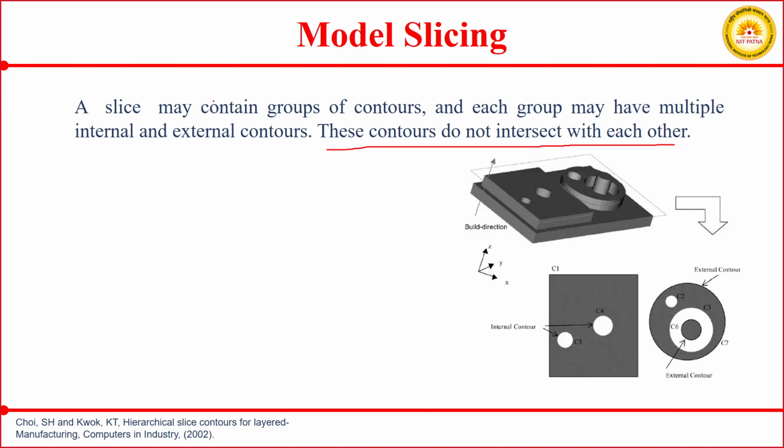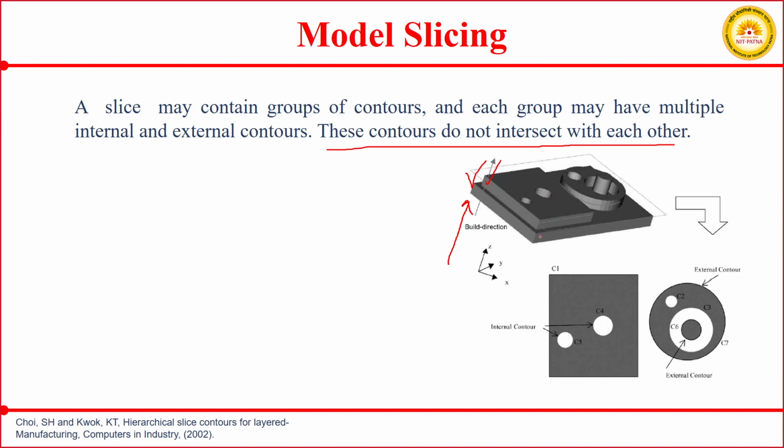I have taken one simple example. Let us see, we have a 3D CAD model something like this, and this is your build direction, or viewing direction, the direction in which you will be printing this component.